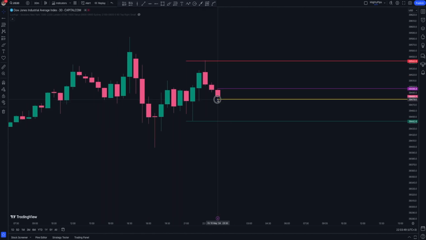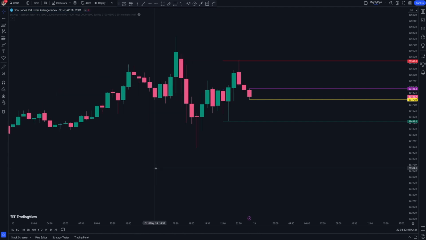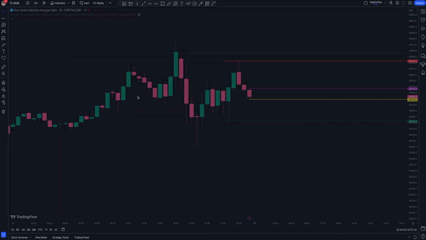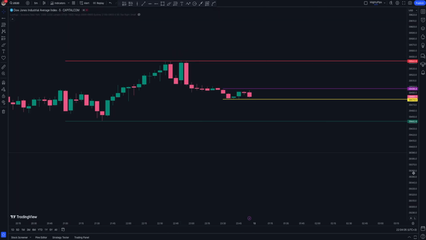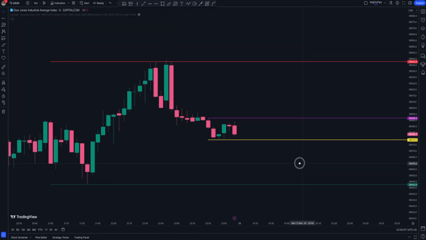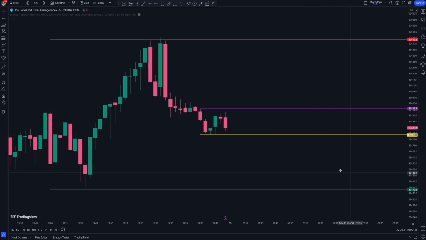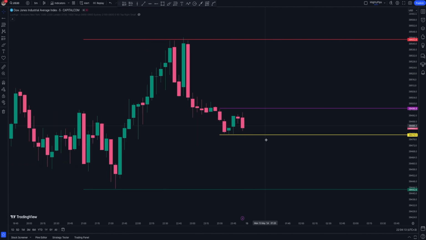Now, on the next time frame, where you skip the 15 minutes chart, okay? You skip the 15 minutes chart and then you go down to the 5 minutes chart to look for your entries, okay? How do you get entries on the 5 minutes chart?